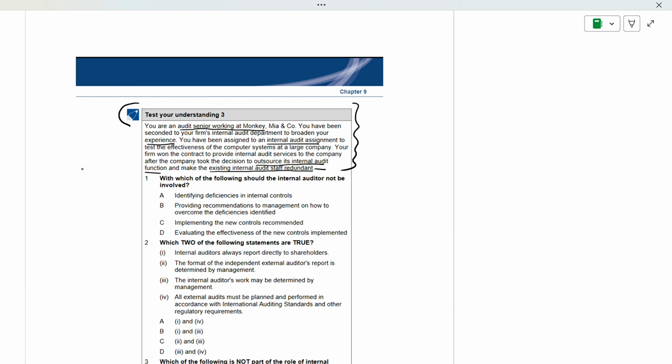Shaja, with which of the following should internal auditors not be involved? Which one should not be? The first one, yes or no? Anybody else? Yes, Dr. Isro. Second one, yes.